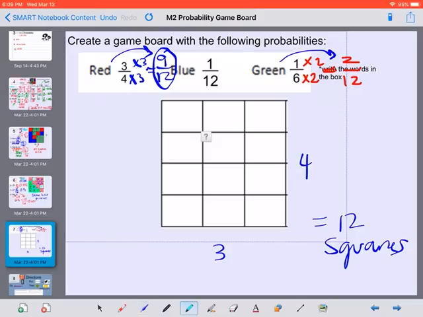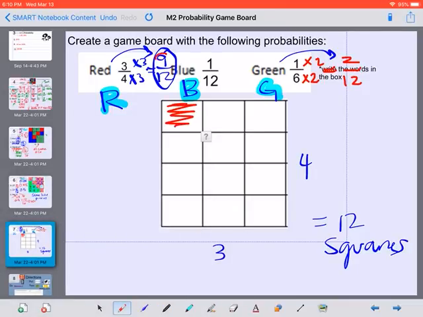So you can put the letters red, blue, and green, R, B, and G, in the boxes. Does not matter what order you go in. If you want to go right across or right down the row, that's fine. I'm going to color in red. Oops, this is red.